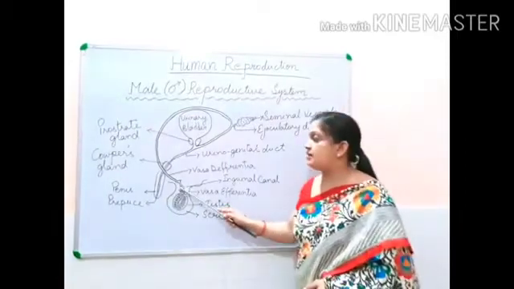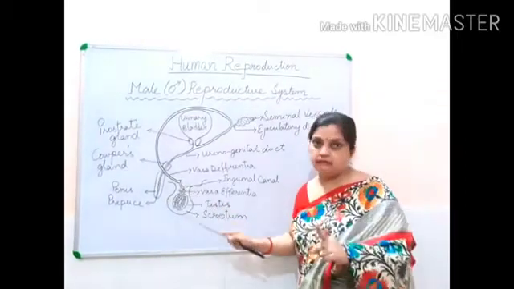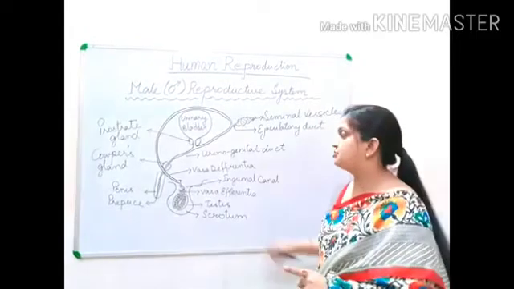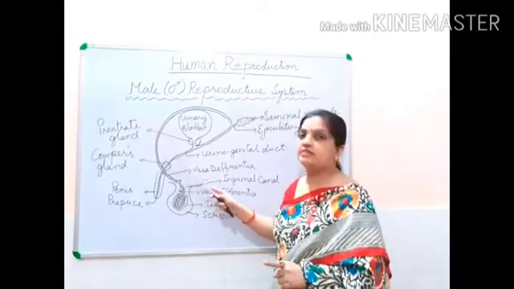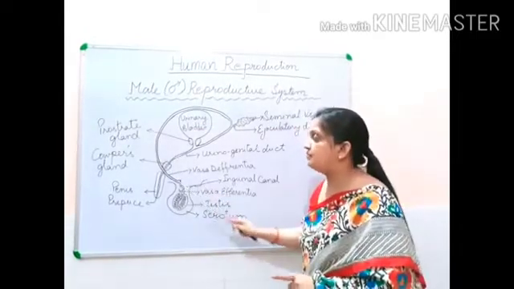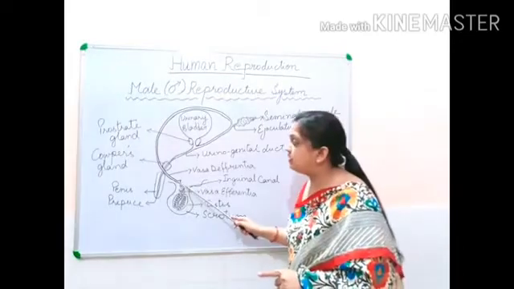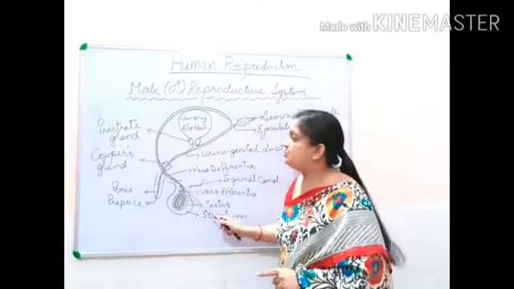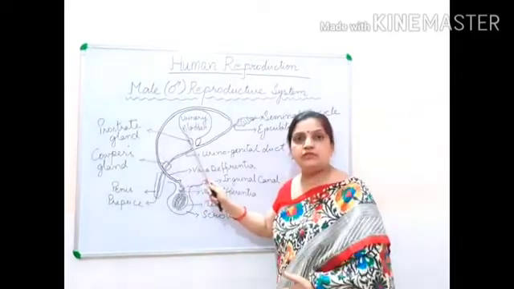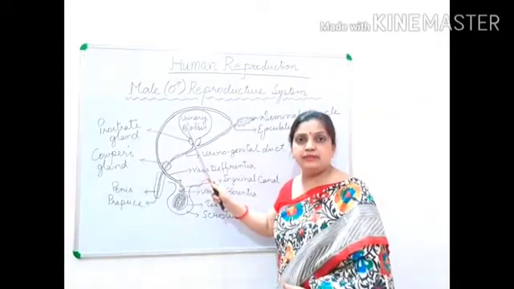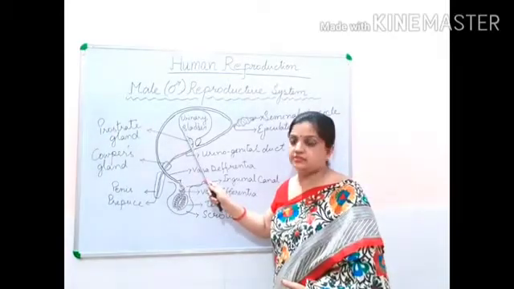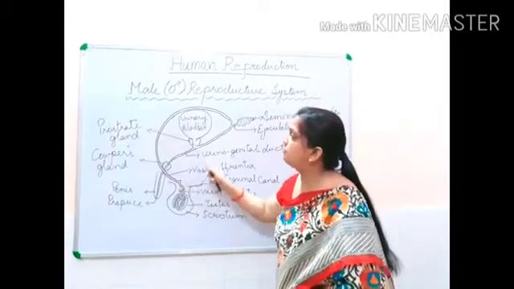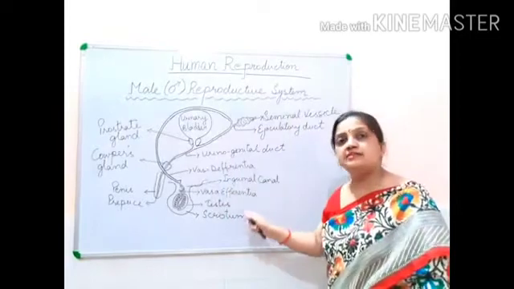Then this vasa efferentia turns into a single duct-like structure, and that duct is called the vas deferens. This vas deferens moves internally, passing through the inguinal canal into the internal part of the abdomen, the pelvis region of the male reproductive system, and then the rest of the reproductive part is inside the male body.